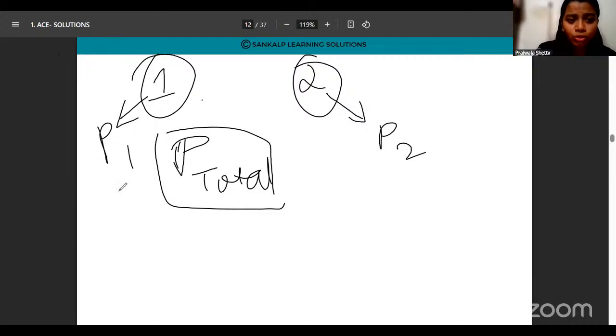Let's move on to X1, X2. X1, X2 you have studied previously. What are they? Mole fractions. X1 is the mole fraction of the first liquid. X2 is the mole fraction of the second liquid.